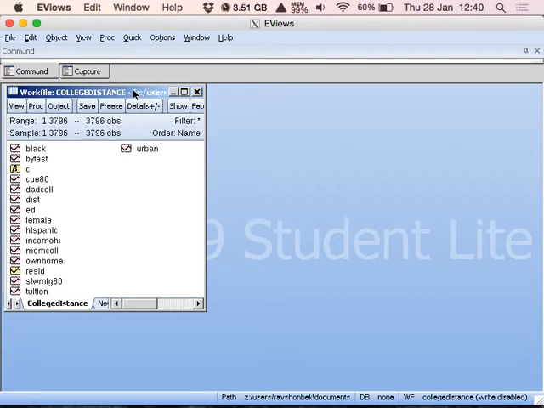Can you download the file called collegedistance.xls, open it in EViews, and you should be able to see this data view like I have here, the workfile. And after this, please read the question.